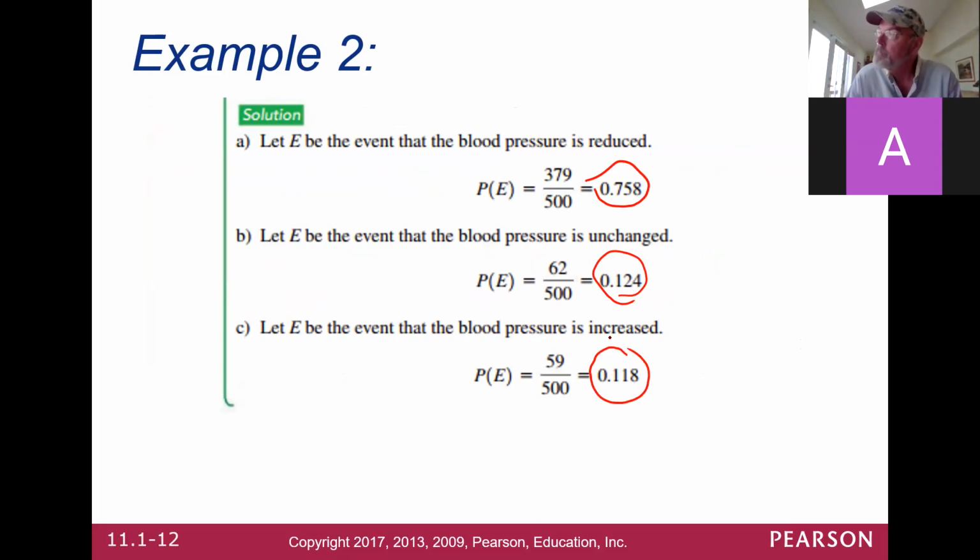Adding them all together, it's got to add up to 1. Yes.